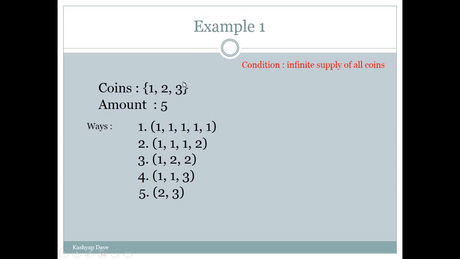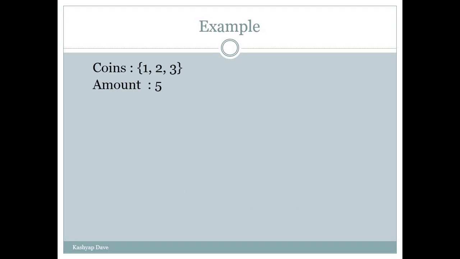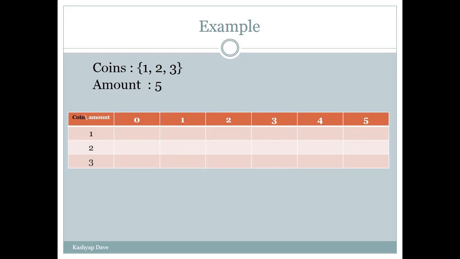Okay, so this is the example, but this is an informal way to understand. We have to write in a formal way in the exam. So let's understand how to write this example formally. We have the coins 1, 2 and 3, and the amount is 5, so we will take a table. In the table we will store our coins, or denominations, in the columns, and our amounts row-wise.